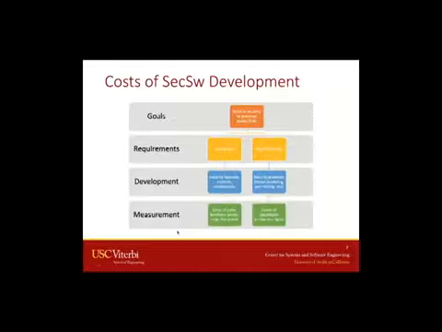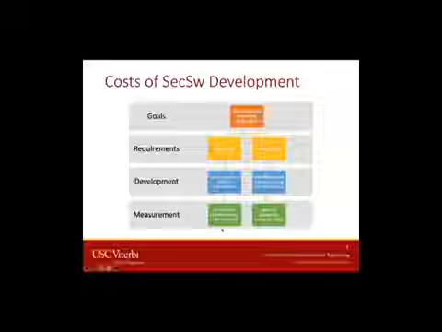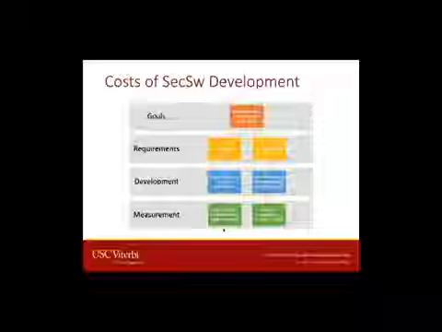And how can we measure these elements? So we can do this through sizing metrics like lines of code, function points, object points, or other metrics.